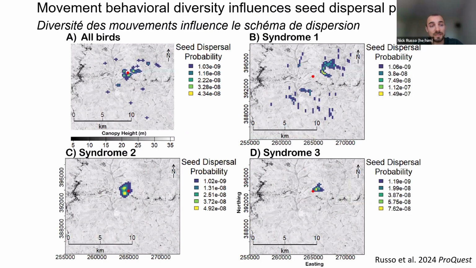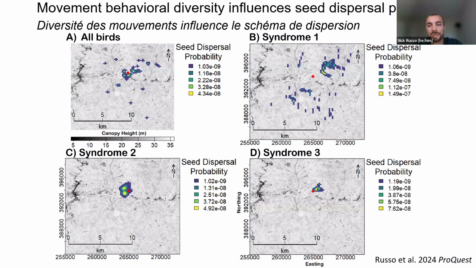And what we found is really interesting, that the behavioral diversity of hornbill movements can also lead to diversity in seed dispersal strategies available to the trees that are dispersed by hornbills. So in this figure, we're seeing the same type of seed dispersal model that we talked about for the second question.